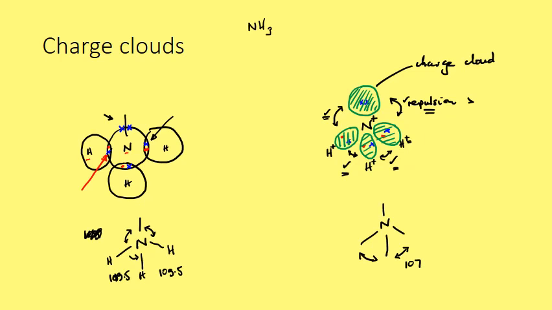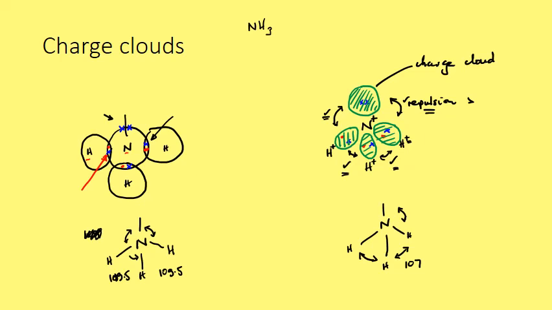So whereas it would be 109.5 if all these bonds were equally repelled from each other, they're not equally repelled, so the repulsion here is more. So this bond angle becomes bigger, and the angle between the nitrogen and the hydrogens, the angle between covalent bonds, becomes smaller. It's gone from 109.5 to 107.